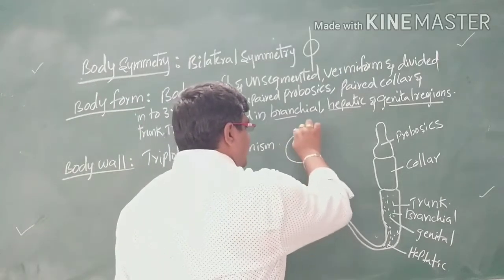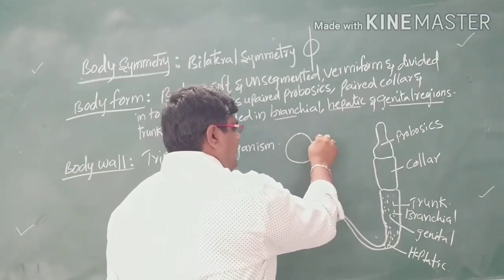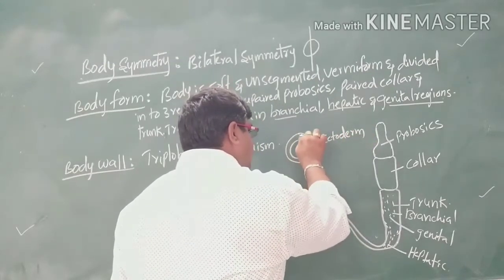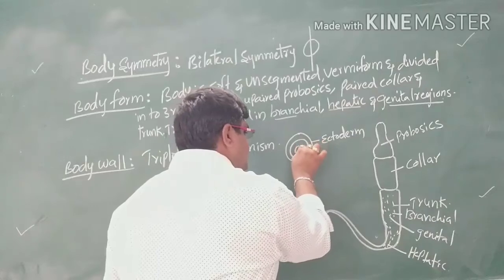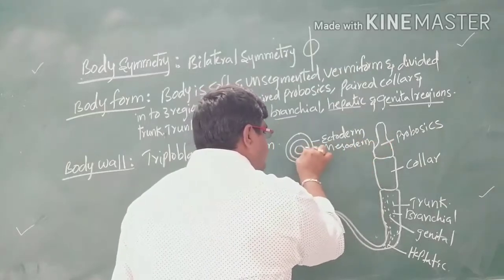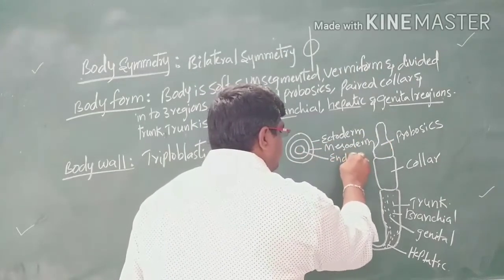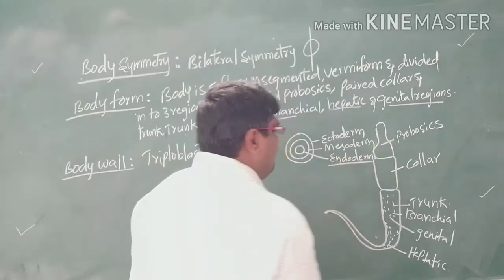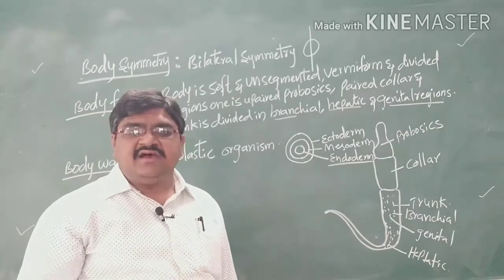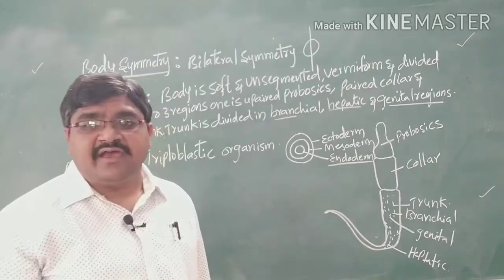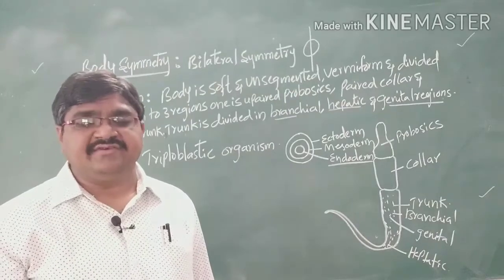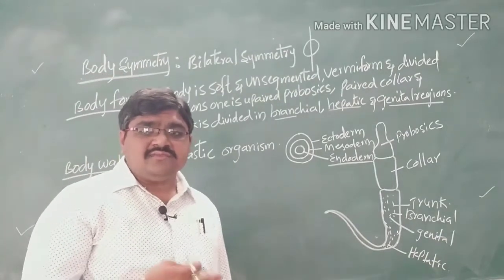If you see the body, the outer layer is called the ectoderm, the middle one is called the mesoderm, and the inner region is called the endoderm. If an organism consists of 3 germ layers, outer ectoderm, middle mesoderm, and inner endoderm, then such organisms are called triploblastic organisms.